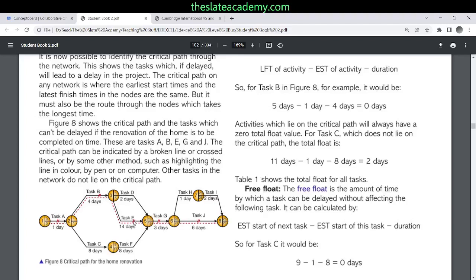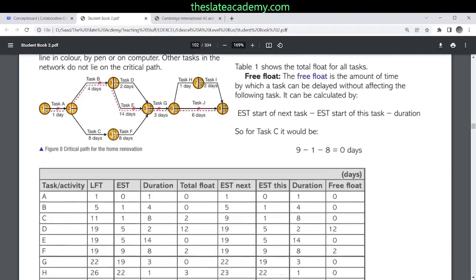Let's see. If I do task C, the earliest start time for the next task is 9. 9 minus 8 minus 1 is 0. Free float is 0. Which ones do have a free float?